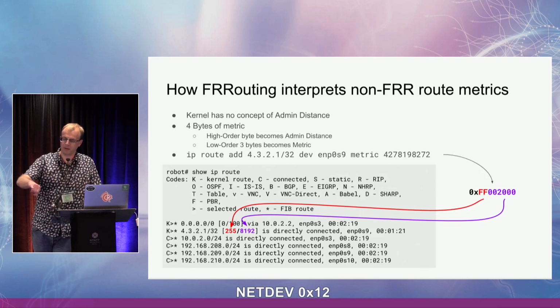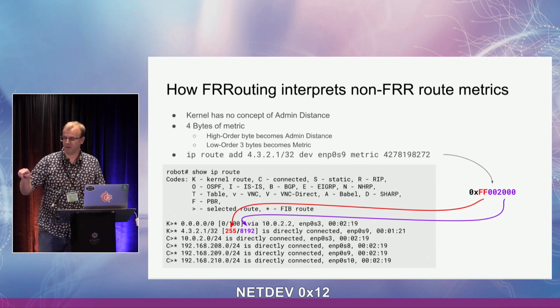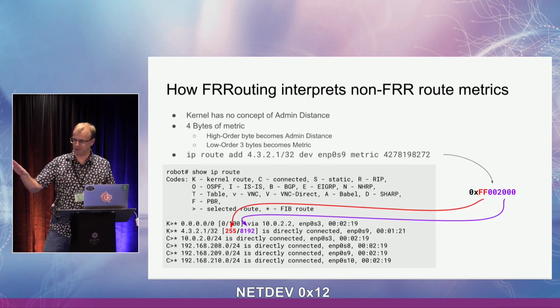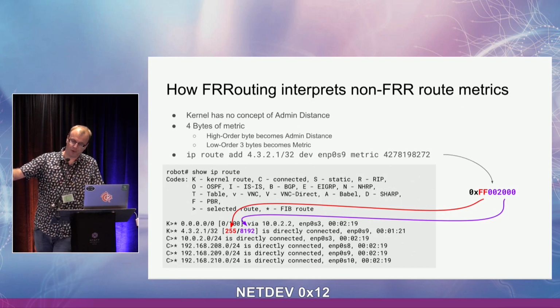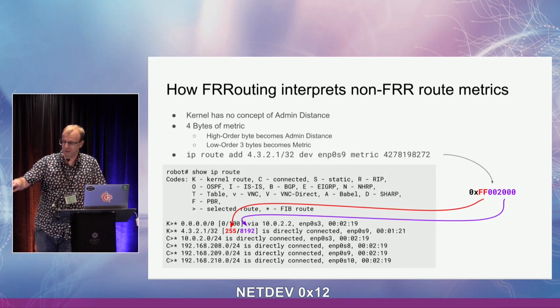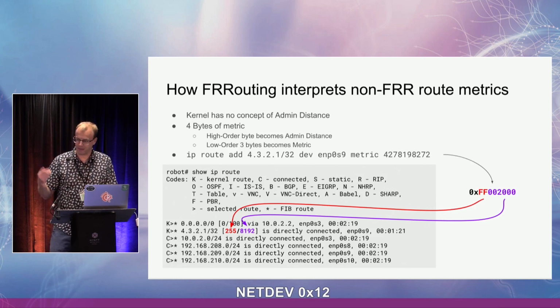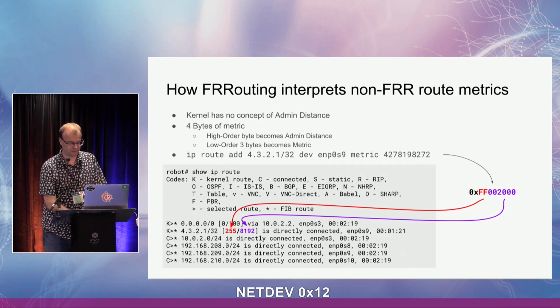And so if you look at the example here, we do an ip route add 4.3.2.1/32 dev enp0s9 metric 4 billion something. And further right, we have the hex number that it translates to, which is 0xFF002000. So FF becomes 255, and the metric becomes 2000, or 8,192 decimal.